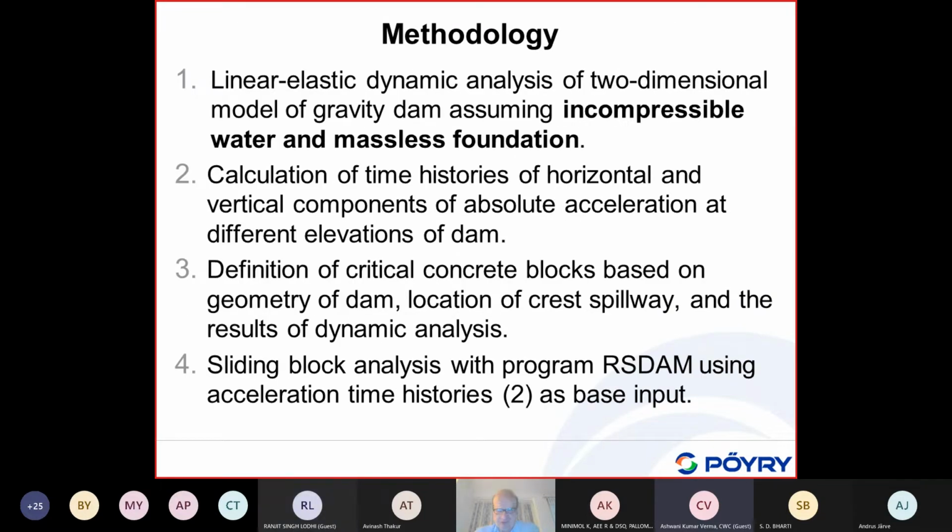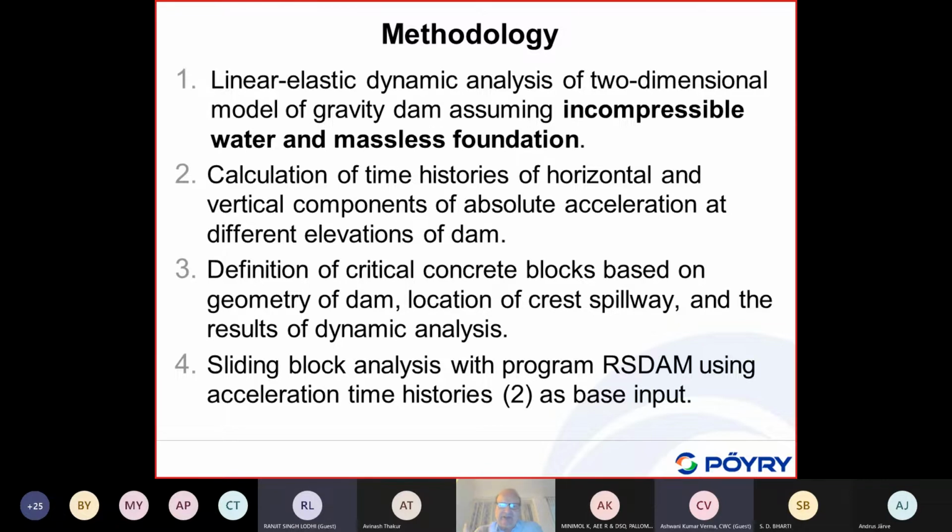Okay, what is the methodology which we have been using for this dynamic stability analysis? The first step, usually in a dynamic analysis, you do a linear elastic dynamic analysis of a two-dimensional model of a gravity dam, assuming, let me say the simplest assumption, incompressible water and a massless foundation.